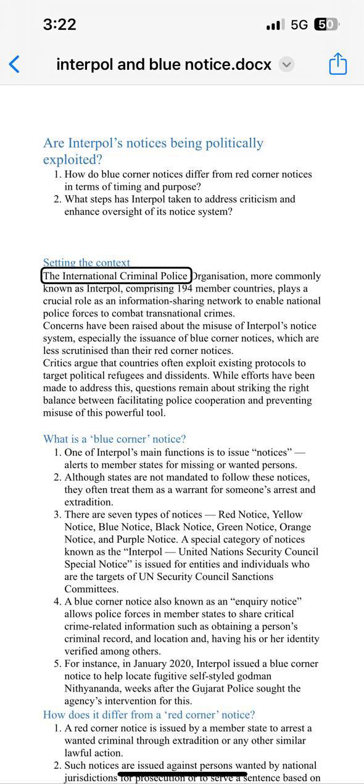So there are 4 crimes which are dealt with by the Interpol. 1. Terrorism. 2. Cybercrime. 3. Organized crimes. And 4. Financial and anti-corruption crimes.